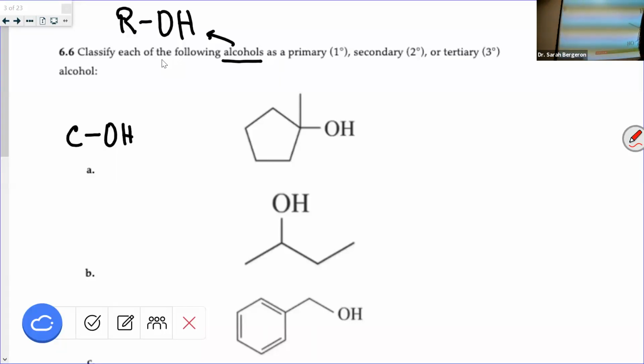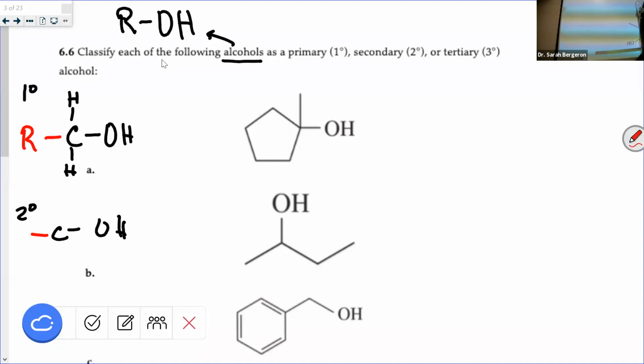If it's primary, you're going to have another carbon or an R group, and the rest of the molecule is going to be hydrogens. How would I draw a secondary? Two R groups, an R group and an R group, and my last one is going to be a hydrogen.